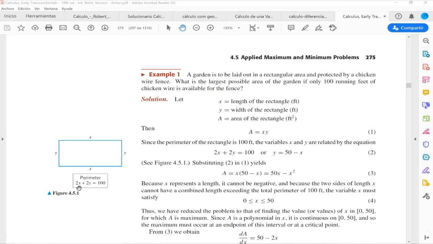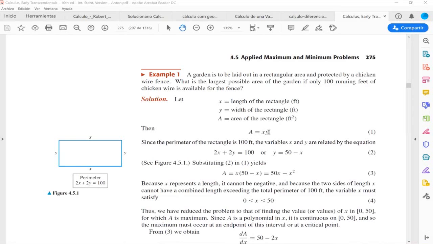This is a function. You can find the Y against the X, just moving the 2x over here and dividing by 2. Explicit formula for Y. You need this, but they are asking about the area, which is given by this formula. Find the maximum area. It means maximize this product if 2x plus 2y is 100.